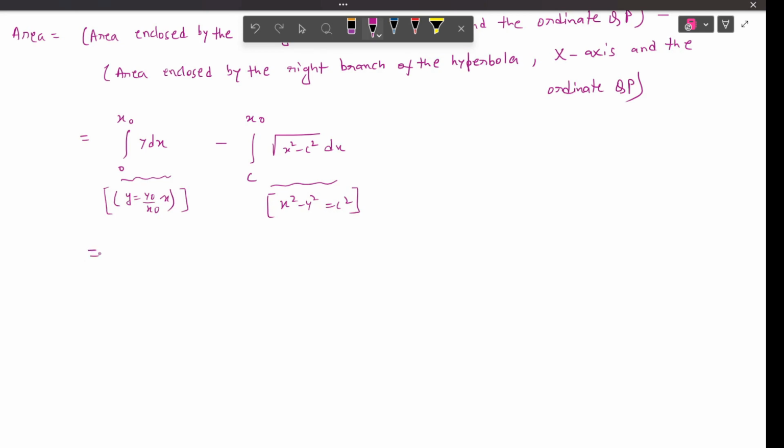So let us solve. So let us first put the values. This is 0 to x naught, y is y naught by x naught into x dx, minus integration c to x naught square root of x square minus c square, this is c square dx.